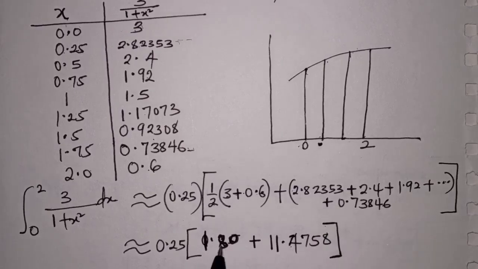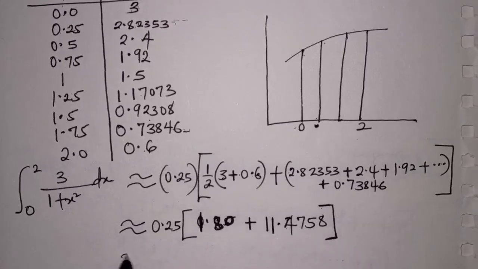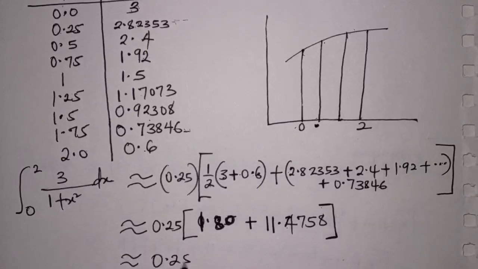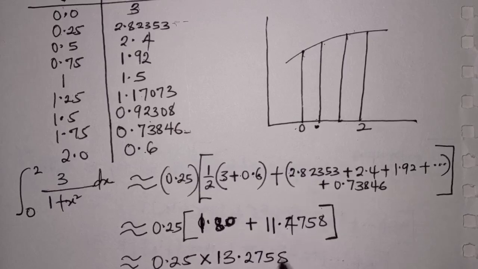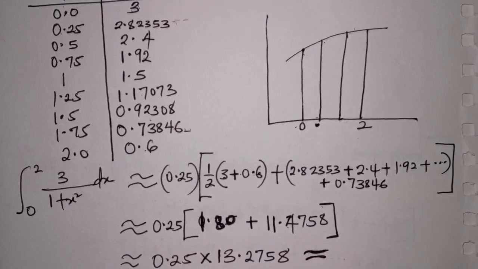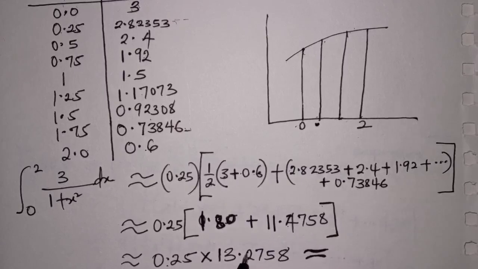So this plus this actually is 13.2758. So I'm having 0.25 times 13.2758. If I multiply this by this, I'm going to get 3.31895.